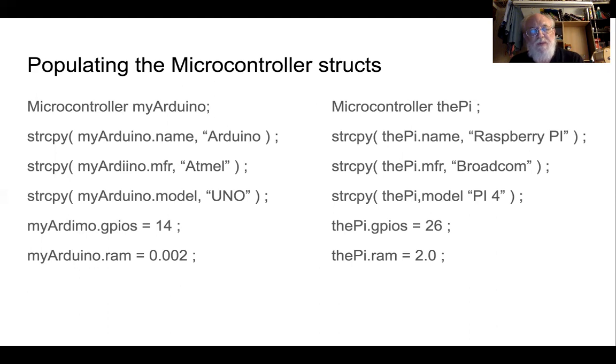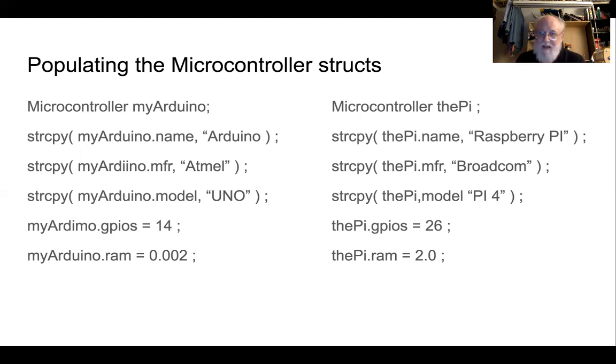So here's what it would look like to put data into those structs. If you look at the top line, 2 examples, one for the Arduino and one for the Pi. If you look at the top line where it says microcontroller my Arduino, microcontroller is the typedef. That's the struct that has all those members we saw. My Arduino is the name of this particular struct.